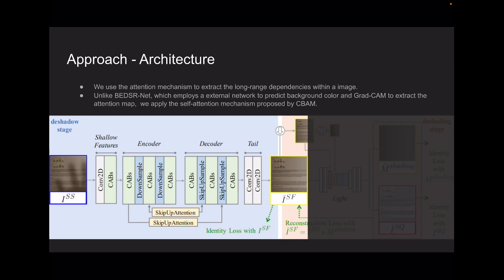Unlike BDSRNet, which employs an external module, GradCAM, to extract the attention map, we apply the self-attention mechanisms proposed by CBAM, inspired by NPRNet, which uses self-attention to restore degraded images. We have designed our network with an encoder-decoder architecture built with channel attention blocks to refine features as they propagate.